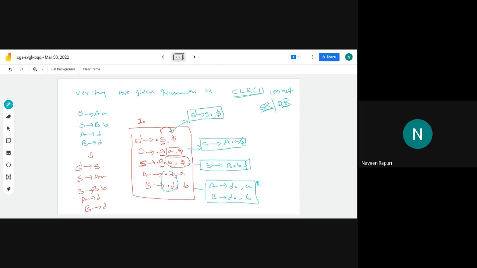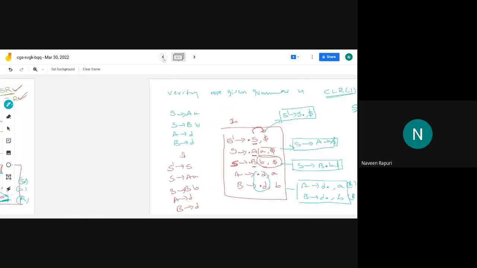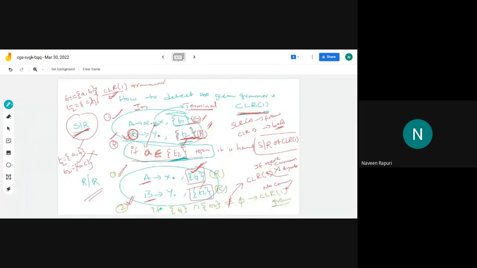Here an RR conflict is there. When we get an RR conflict, we need to check one more property: the look ahead symbol set of the first production and the look ahead symbol set of the second, by doing intersection, should equal phi. If it equals phi, then we can say it is a CLR1 grammar. Otherwise, if it is not equal to phi, it is not a CLR1 grammar.